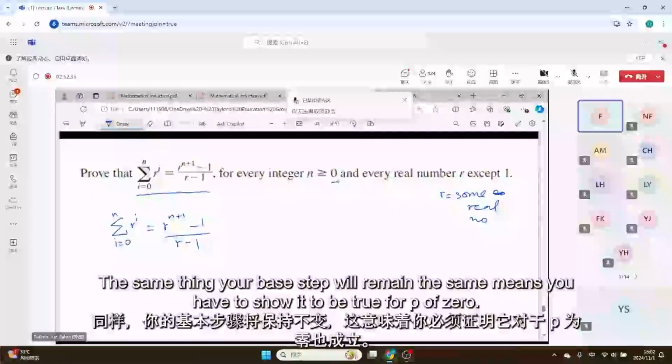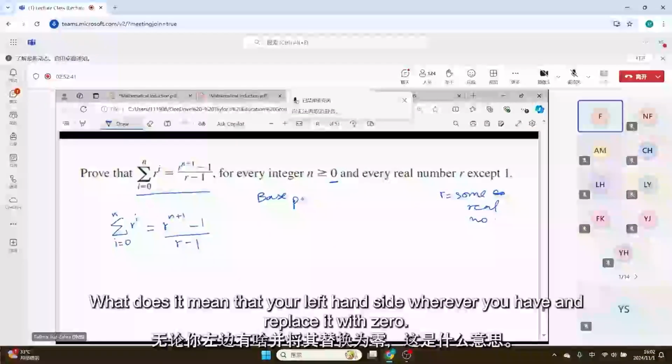Okay, the same thing, your base step will remain the same, meaning you have to show it to be true for P of 0. What does it mean? That on your left hand side, wherever you have n, replace it with 0.